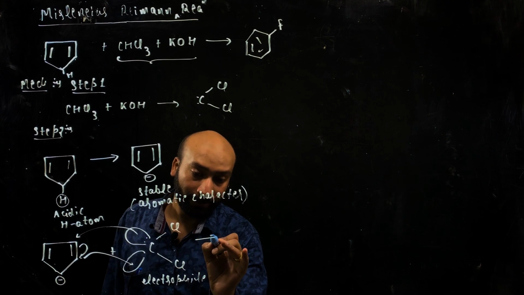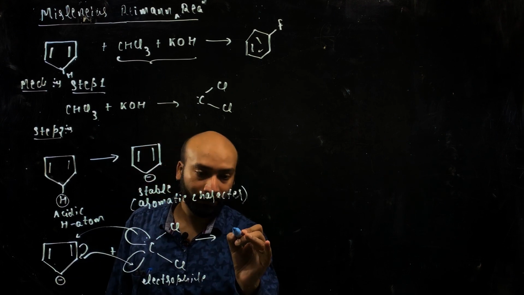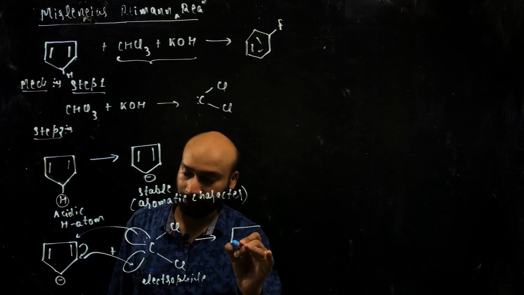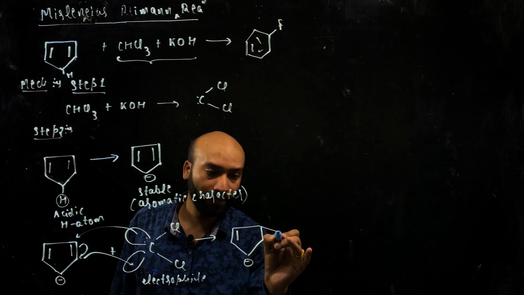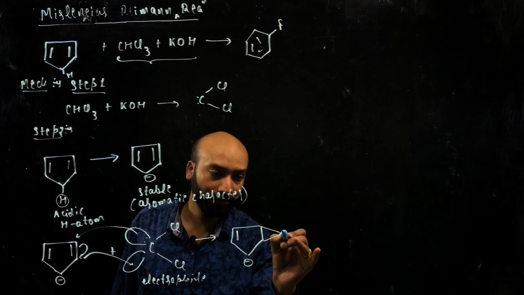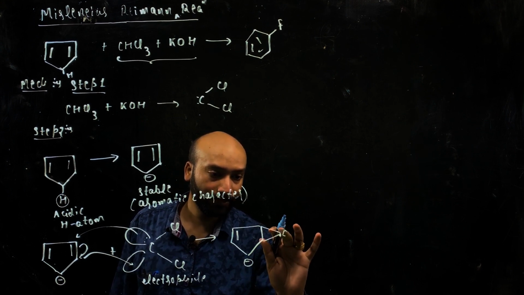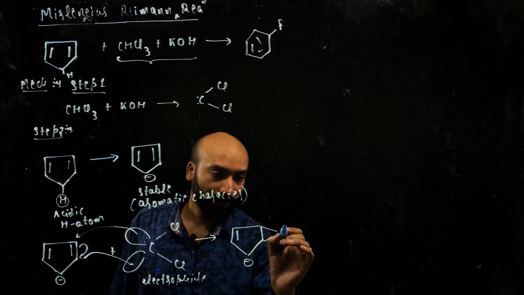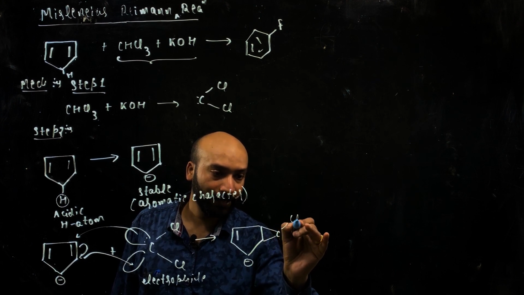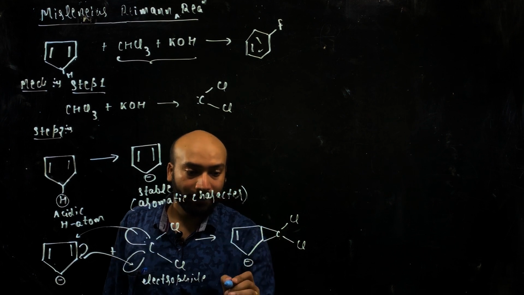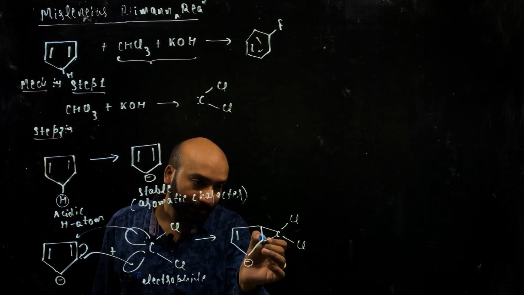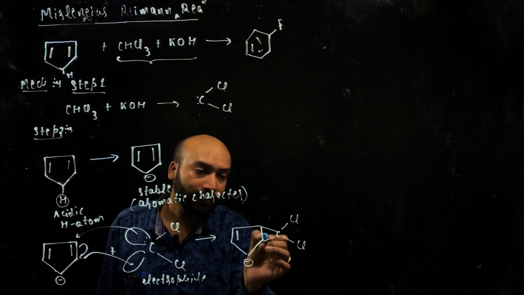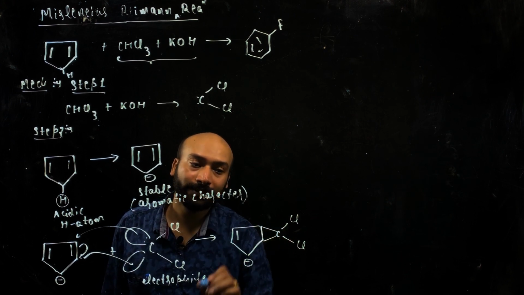So a species is formed in this way. This contains the negative charge, this one is the double bond, and this one is the carbon atom with Cl and Cl. Everyone knows this is a three-membered ring, and a three-membered ring is very highly unstable.